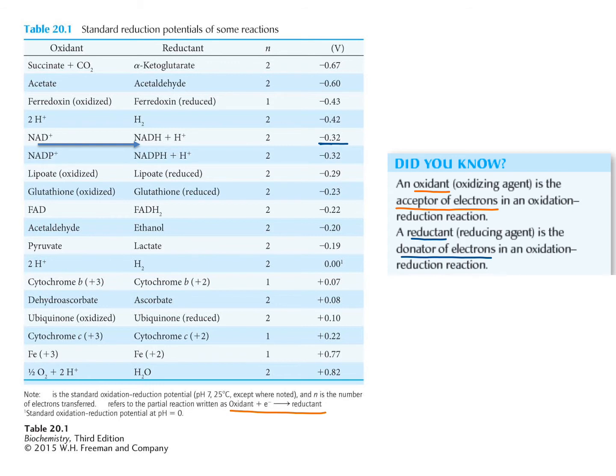So if NAD plus receiving an electron to become NADH has a positive delta G, then NADH donating an electron to turn into NAD plus is a reaction with a negative delta G, which means NADH turning to NAD plus is a reaction that releases energy.